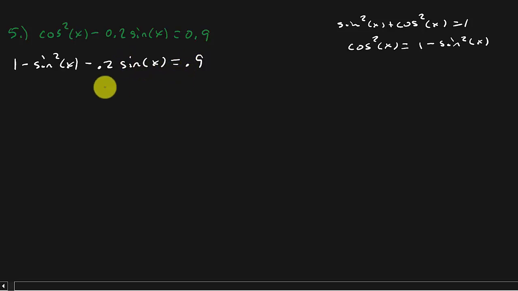And let's bring the 0.9 over. So I get negative sine squared x minus 0.2 sine x, and then I'm subtracting 0.9 from both sides, so 1 minus 0.9 is plus 0.1 equals 0. So I've got everything to one side of the equal sign.